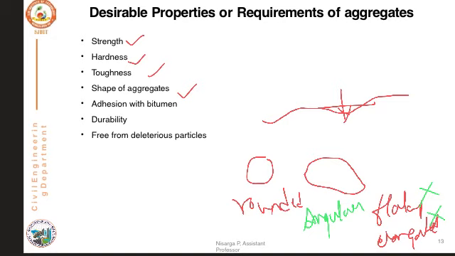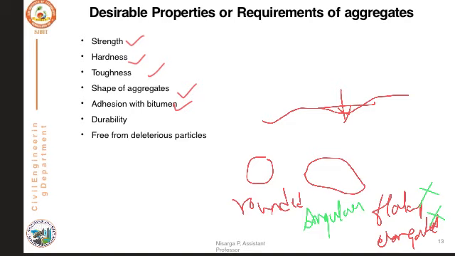The next property is the ability of aggregates to adhere with the bitumen. Why is it important? Especially when you make bituminous mixes, the aggregates we use should have sufficient affinity towards the bitumen. When the bituminous mixes are prepared, the bitumen will form a thin layer of coating around the aggregates.